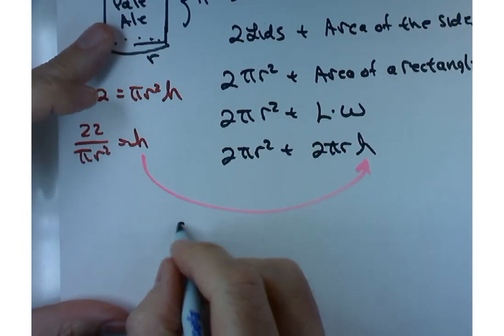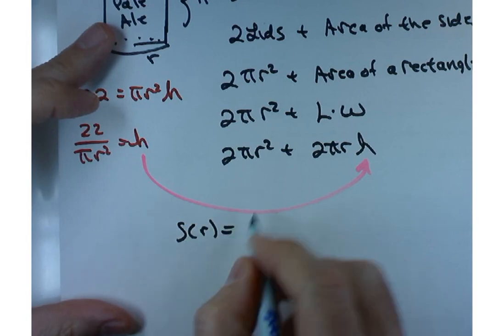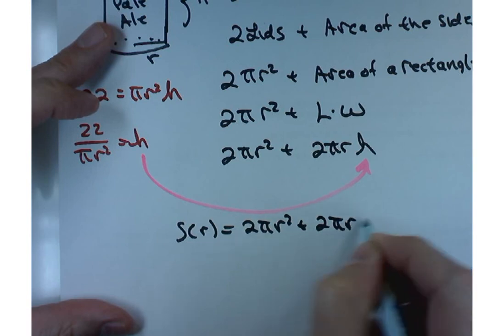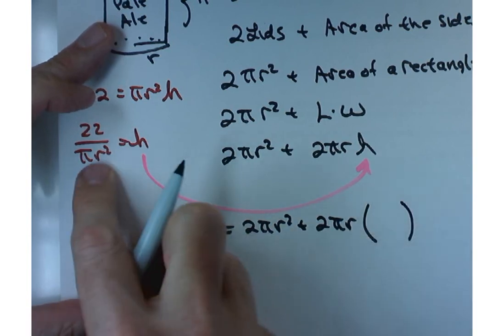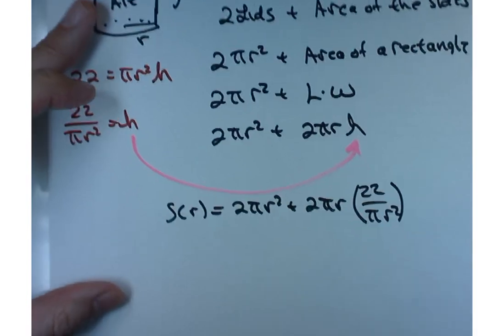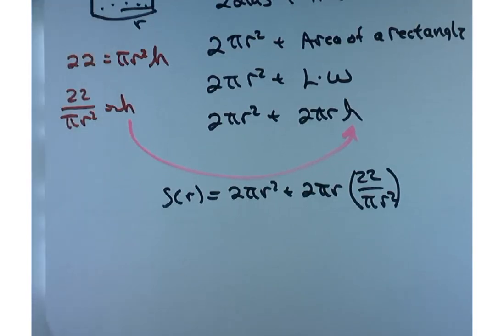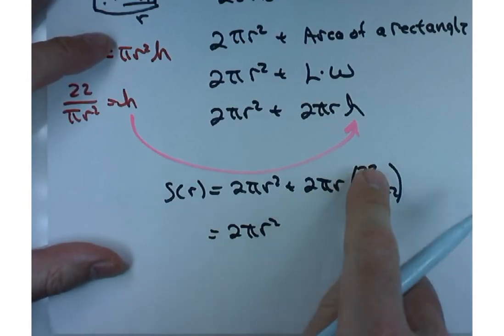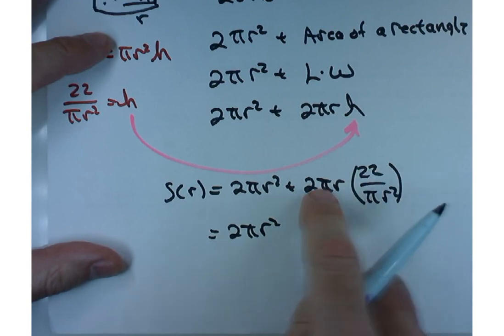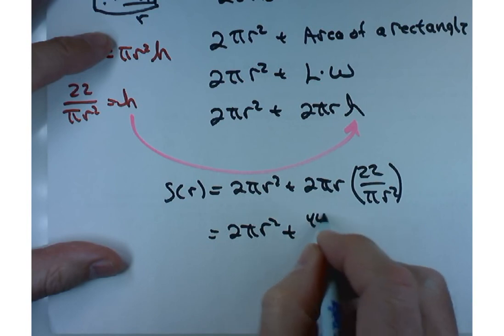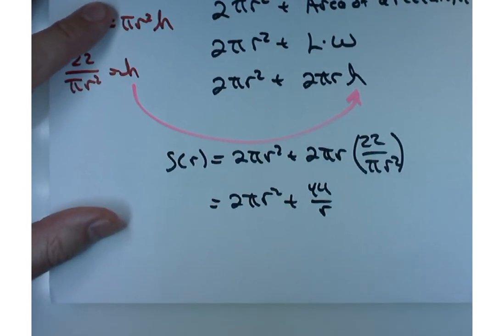So we'll call it S of r, which is 2 pi r squared plus 2 pi r times 22 over pi r squared. Probably not a bad idea to simplify this. So 2 pi r squared, 2 times 22 is going to be 44. Pi will cancel out, and one of the r's will cancel out, so it's going to be 44 over r.